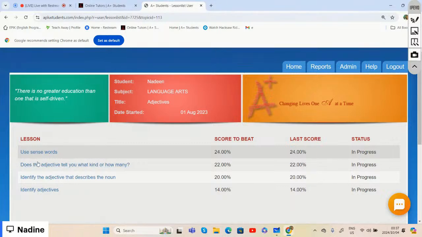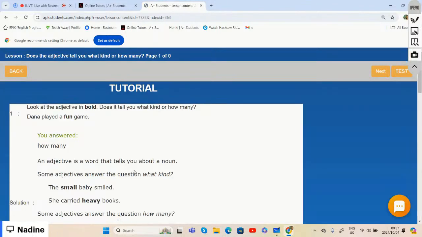All right. Now, does the adjective tell you what kind or does it tell you how many? And remember, we said an adjective tells you about the noun, about the person, animal, place, or thing.